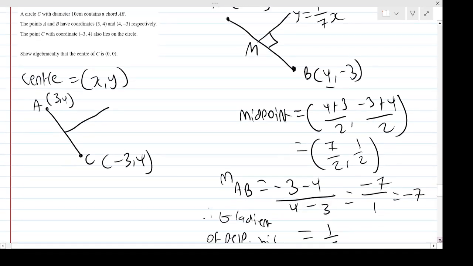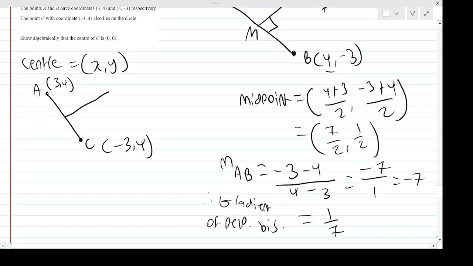Okay. So again, with this we have a new midpoint. I'm going to call this midpoint N, because the other one's M, so I need to use a different letter. So firstly, I'm going to find the midpoint again. That's going to be all the x values together, so minus 3 add 3 over 2.